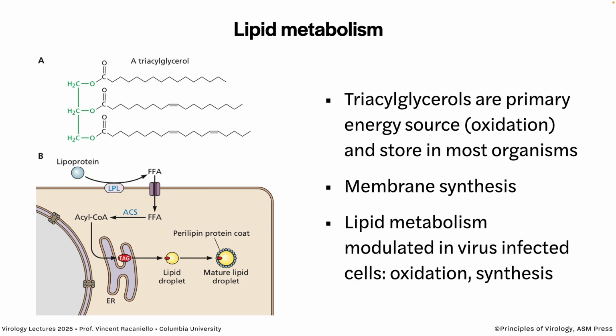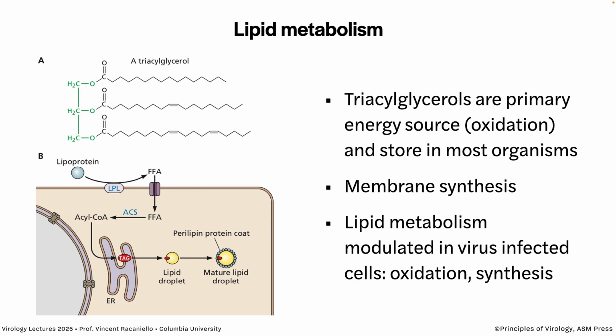And in the blood, lipids circulate as lipoprotein complexes. When they're needed in cells, the lipoprotein lipase makes free fatty acids from it, which are imported into the cell, converted to acyl-CoA, not acetyl-CoA, acyl-CoA, and then triacylglycerols, like these, and then stored in lipid droplets.